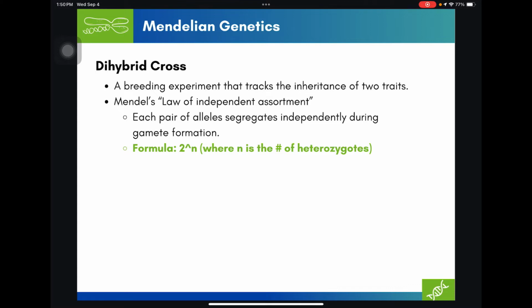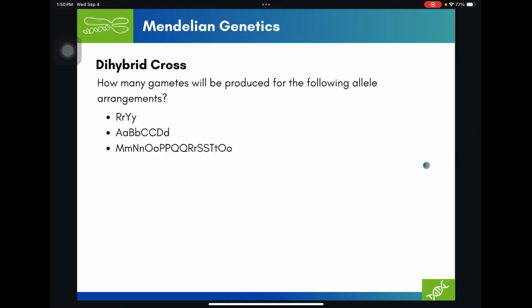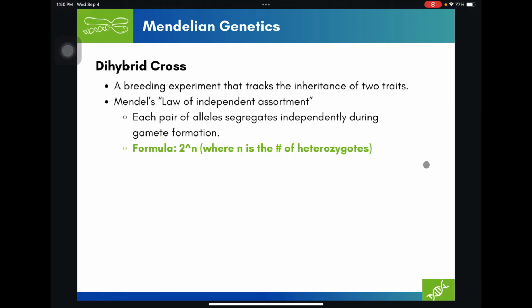In conducting a dihybrid cross, we usually use the formula 2 raised to n, where n is the number of heterozygotes, in order to predict the possible number of gamete combinations in a given trait. So let's have an example. How many gametes will be produced for the following allele arrangement? Do remember our formula, 2 raised to n, where n is the number of heterozygotes.